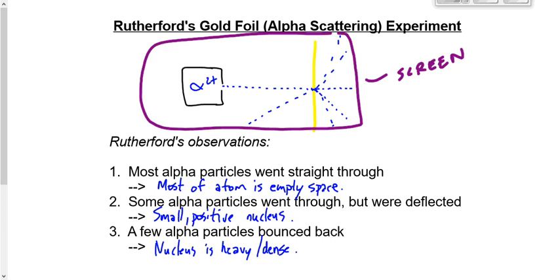Because if you've got a light nucleus, then the alpha particle is just going to go straight through it, just knock it out of the way. It'd be like Parker running across the football field, running into a 3-year-old, just knocks the 3-year-old out of the way, keeps on going, right? Versus Parker running across the football field and running into a 250-pound linebacker or something, right? He probably bounces back from that guy.